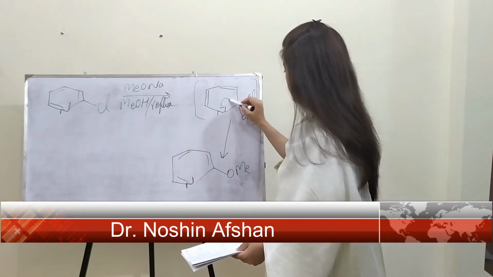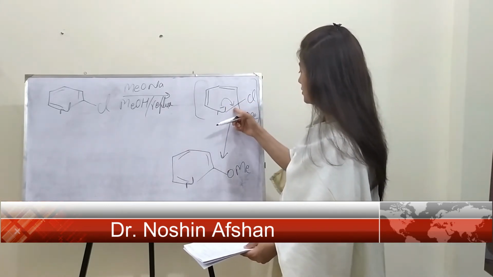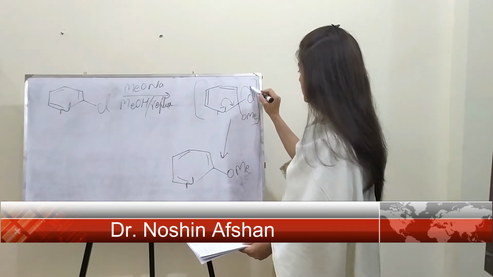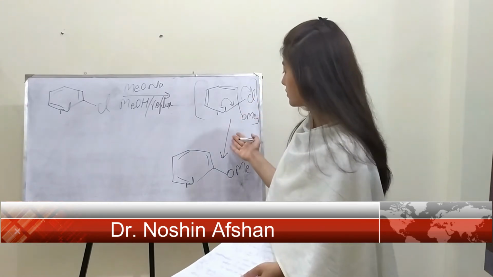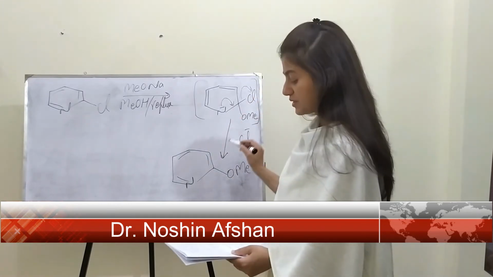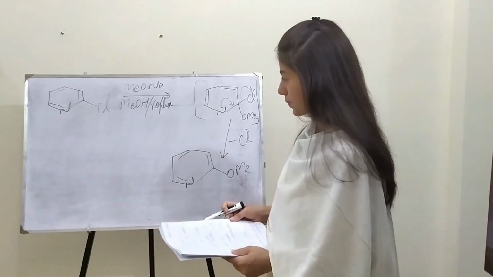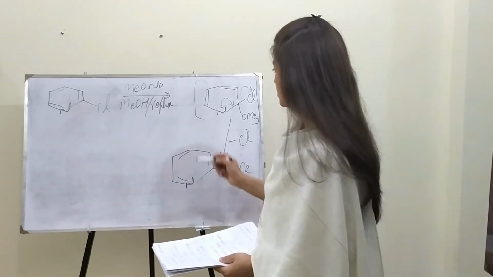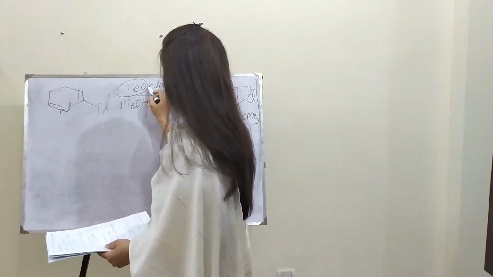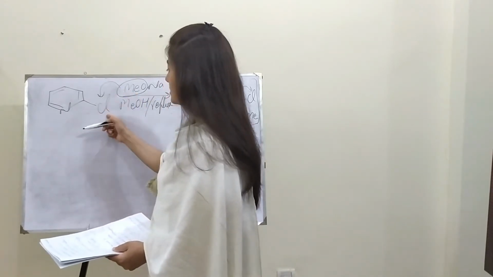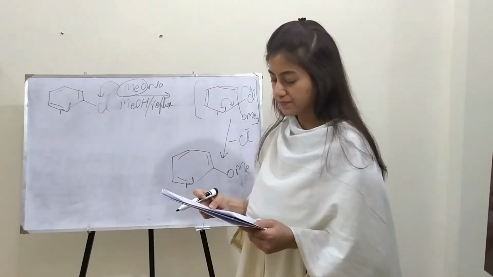What would happen here? It would be shifted to this position, and the chloride group would be eliminated. So this methoxide nucleophile has substituted this chloride.